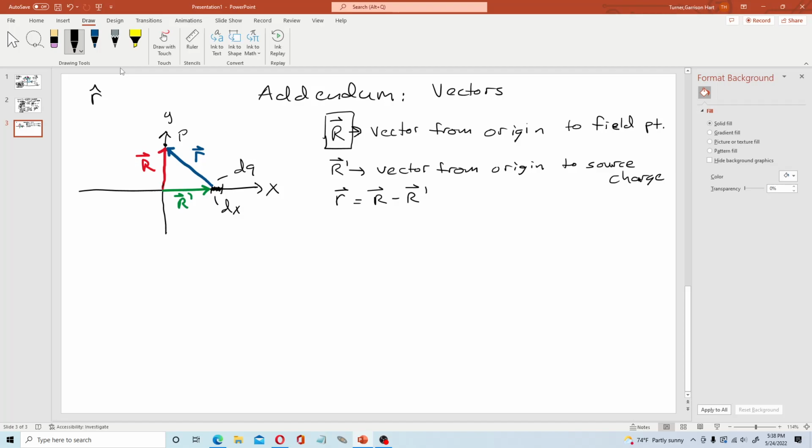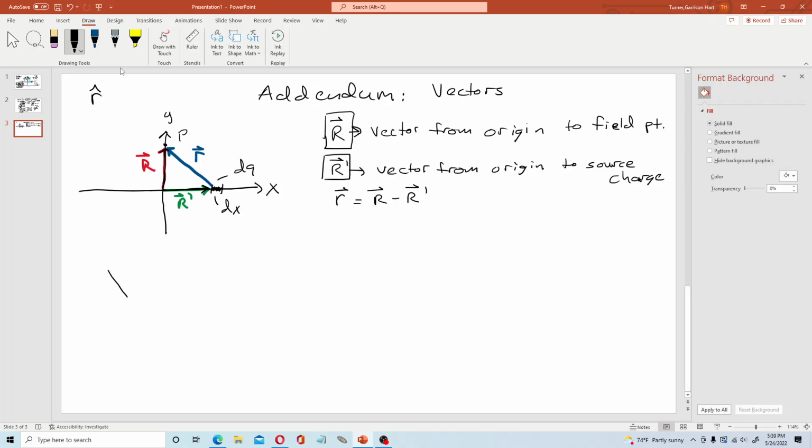It is this vector right here. And I'm going to denote a vector, call it r prime. And r prime is going to be the vector that goes from the origin to my source charge. Okay? And it turns out your r vector, the lowercase r vector, is just the difference between these two vectors.